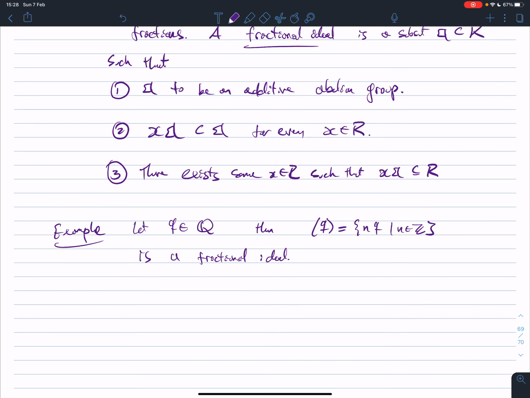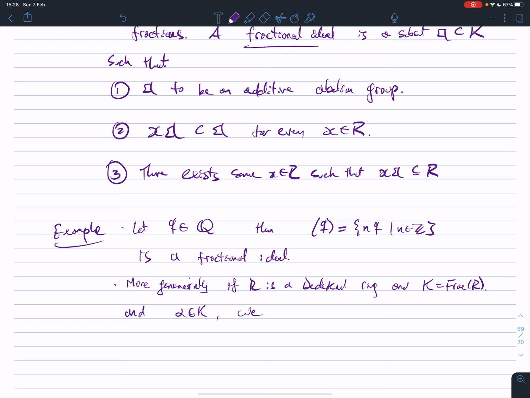More generally, I'll use this notation. If R is a Dedekind ring, and K is the field of fractions, K equals Frac R, and I take some element alpha in K, I'm going to let this be the fractional ideal generated by alpha, which ends up being just the ideal generated by alpha.